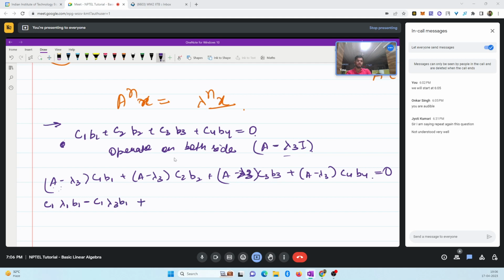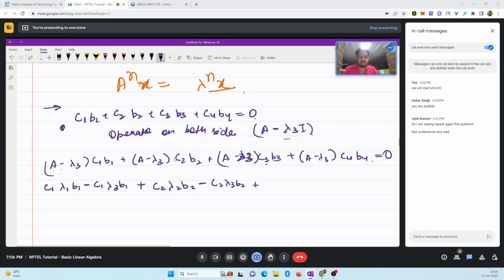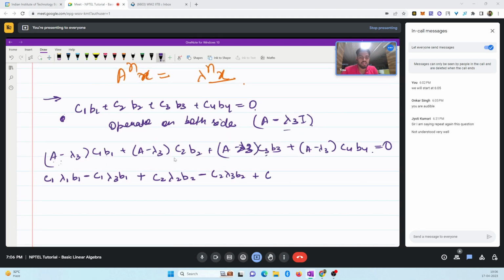Similarly, this would be c2 lambda 2 b2 minus c2 lambda 3 b2. Over here it would be c3 lambda 3 b3 minus c3 lambda 3 b3.